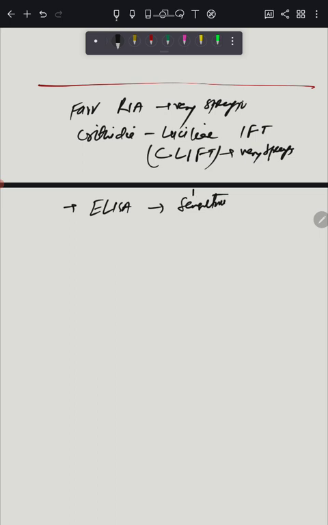ELISA is very sensitive, but less specific. So if it is very sensitive and less specific, then it will have more false positive tests. And why is that?